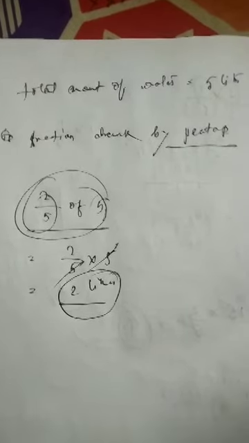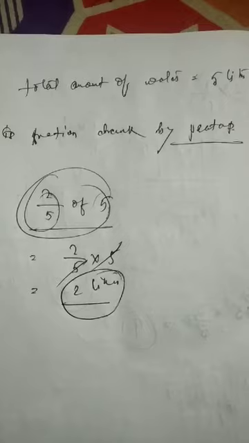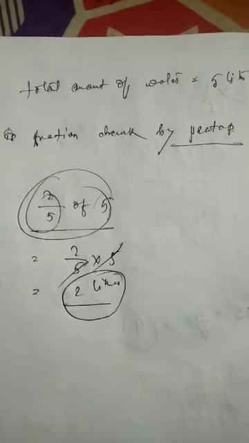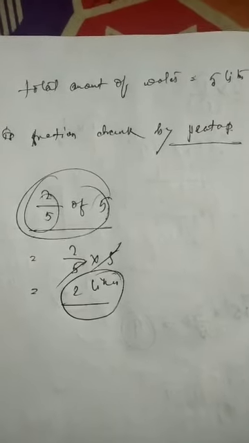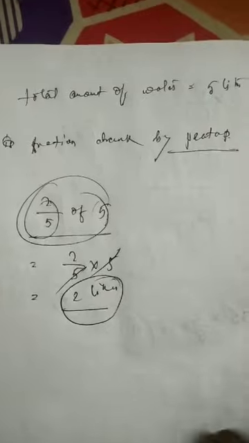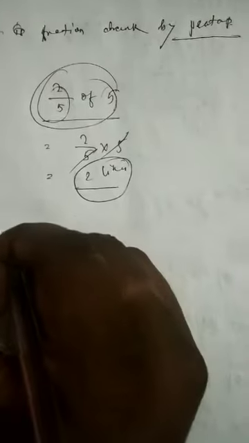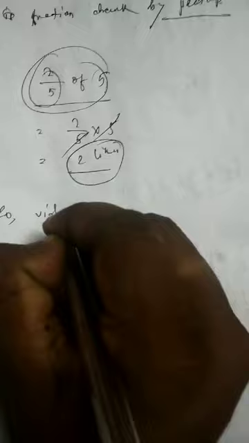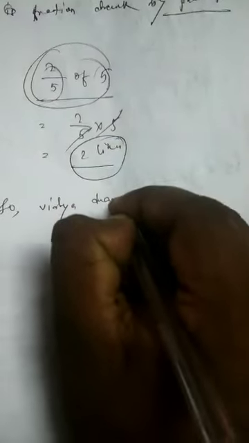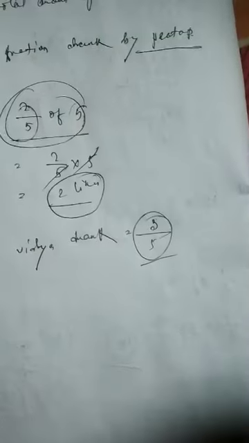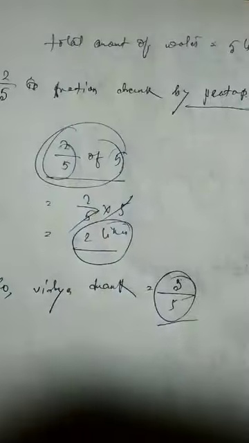So what is the fraction of this consumption of Vidya? 3 liter out of 5 means 3 by 5. So Vidya drank 3 by 5. Children, this is a very simple question.